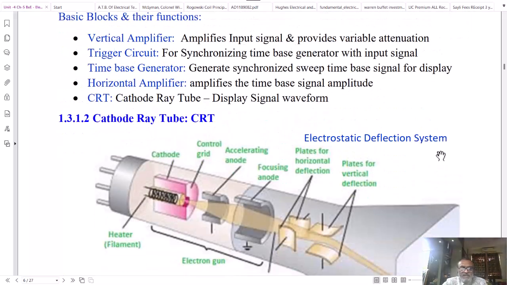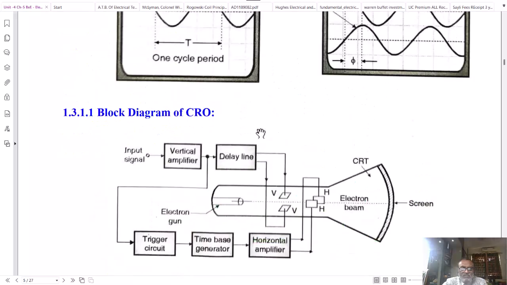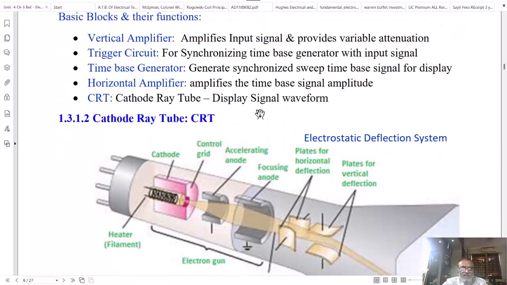The various blocks present in the oscilloscope that are shown in the block diagram are listed here: vertical amplifier, trigger circuit, time-base generator, horizontal amplifier, and cathode ray tube. We have discussed the functions of these blocks already.